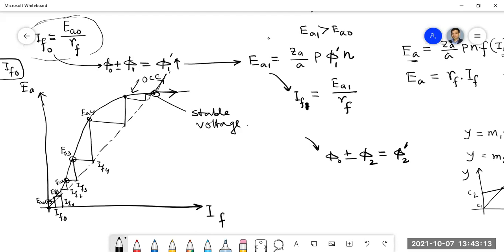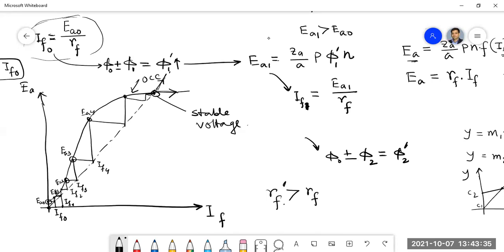Okay. Then you just tell me, if I now change the field resistance, what will happen? Suppose I am changing the field resistance from its initial value. What will happen then?